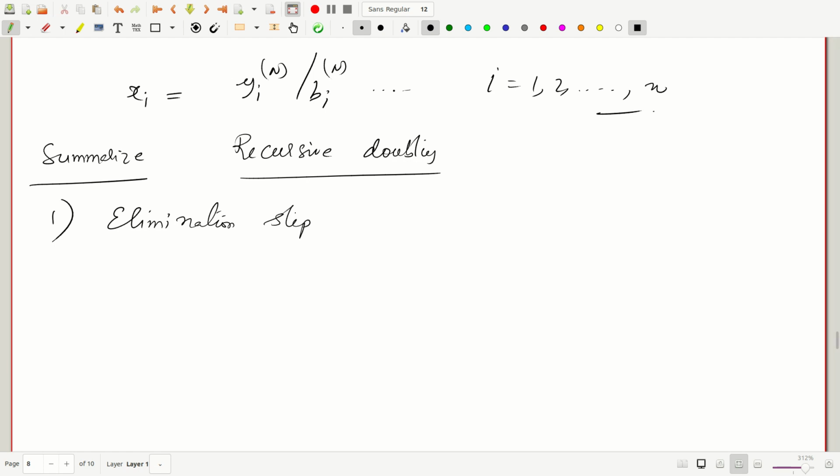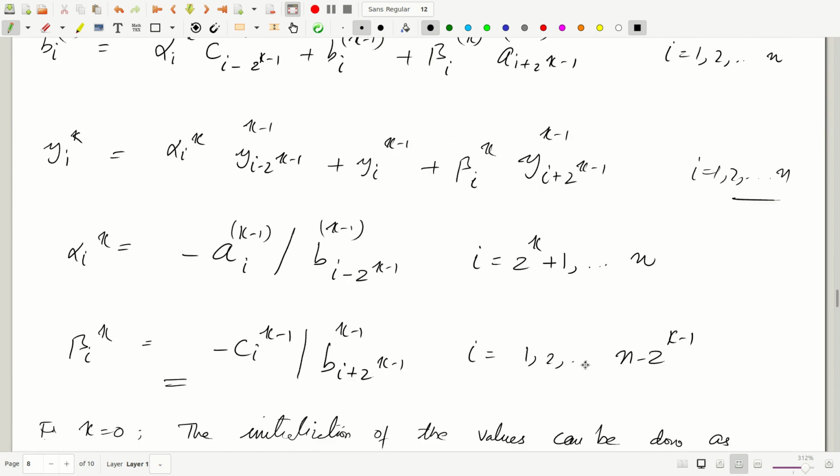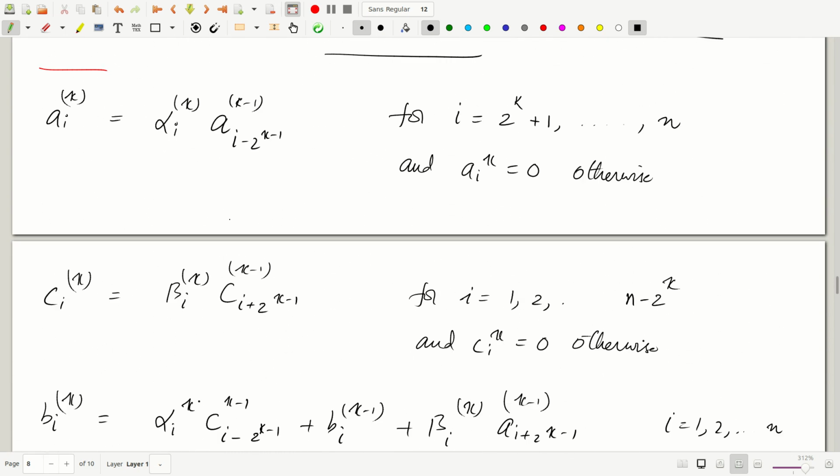In the elimination step, we compute a_i^k, b_i^k, c_i^k, and y_i^k for k equals 1, 2, all the way to log n. We calculate for these many steps, for i equals 1, 2, all the way to n, and we compute this according to these expressions that we have.